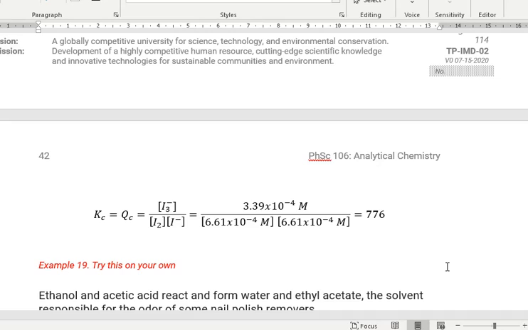So the equilibrium constant at equilibrium is equal to the reaction quotient. Okay? So that's 3.39 times 10 to the minus 4 for I3 minus, all over the concentration of I2 and the concentration of I minus. And the equilibrium constant is 776. So remember, an equilibrium constant does not have unit. No unit.